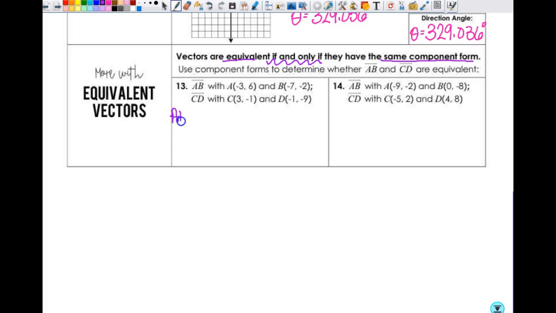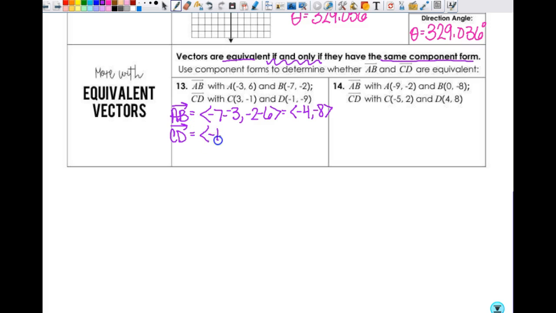So I'm first going to find AB, which should be easy. So we have -7, oh, I totally wrote a 3. -7 minus a -3, -2 minus 6, which gives me -4, -8. By itself that means nothing. I've got to have something to compare it to. So then I've got CD.